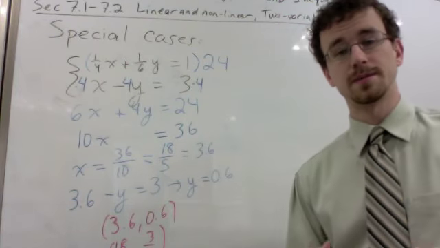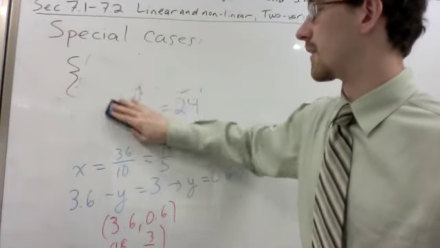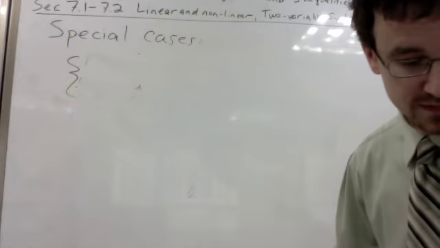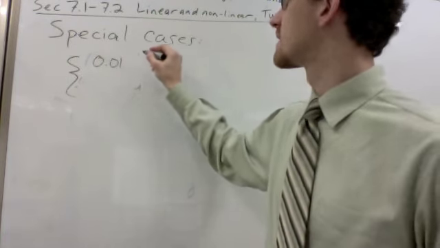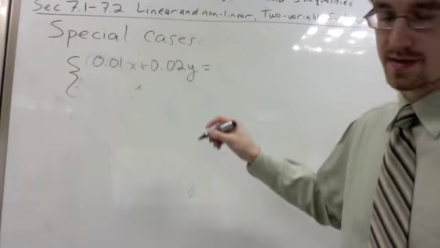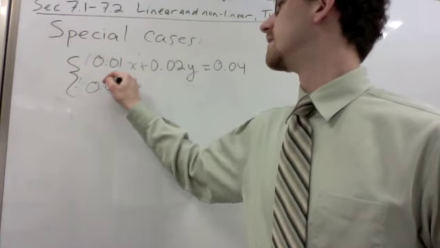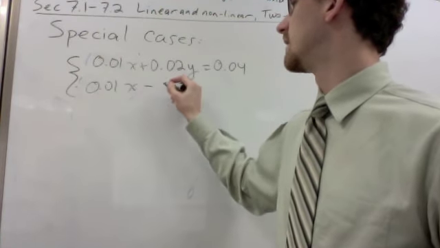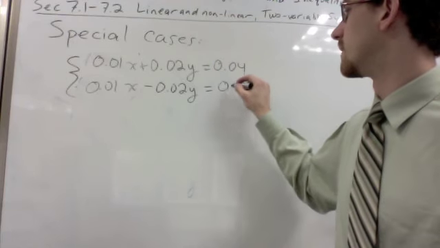You can similarly multiply to get rid of decimals if you wind up with an equation or a system of equations that has decimals in it. For example, if we have the equations 0.01x plus 0.02y equals 0.04, and 0.01x minus 0.02y equals 0.01.